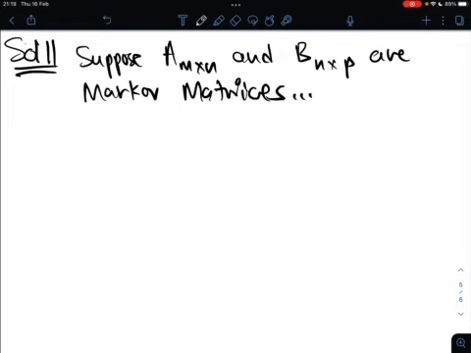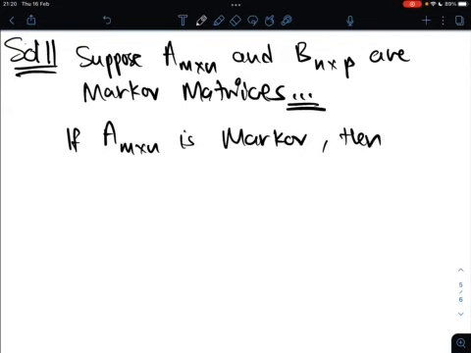So that's one thing that I will suppose. Let's assume that these two matrices, A of order m by n and B of order n by p, are Markov matrices. But what does it mean then to say that a matrix is Markov? If A, an m by n matrix, is Markov, what follows?